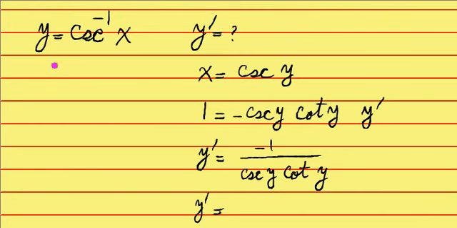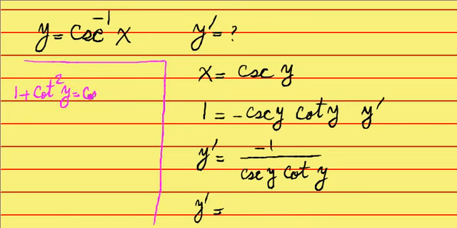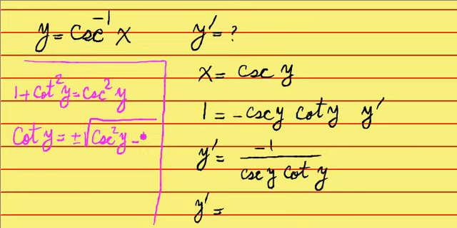And for that we need to go through the same identity one more round. We have the following formula, that 1 plus cotangent square of y is equal to cosecant square of y. Therefore cotangent of y is equal to plus or minus square root of cosecant square of y minus 1.